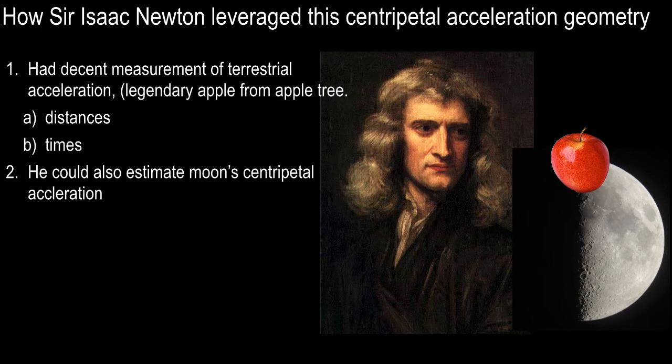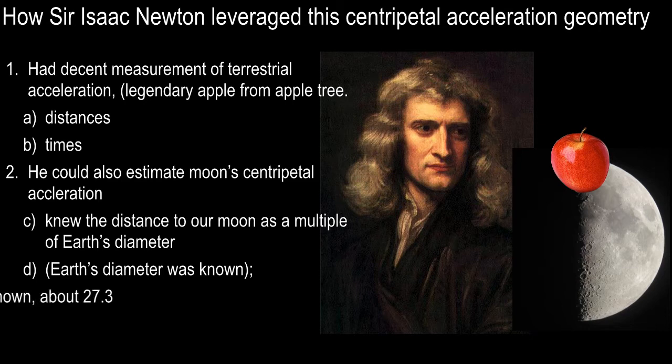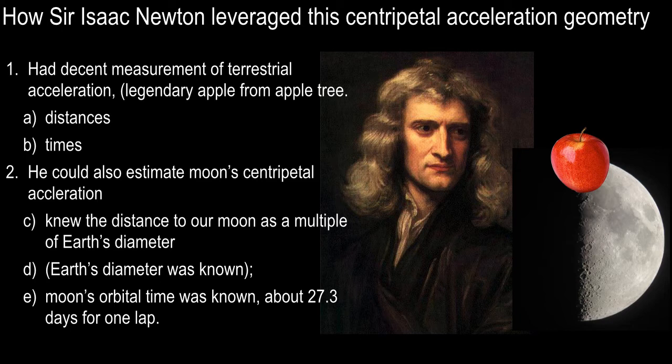He could also estimate the moon's centripetal acceleration because he had fairly good estimates of the distance of the moon, and of course everybody knows how long it takes to orbit. So he knew the distance to our moon as a multiple of Earth's diameter, and that was sufficient for him to make his conjecture about universal gravitation. Okay, because the Earth's diameter was known. So he put together that distance information and this time information, 27.3 days for one lap around the Earth.